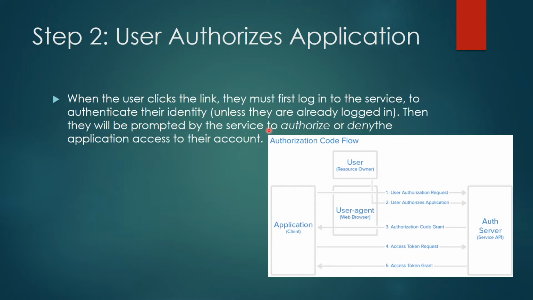So this is the second step. The first step is to just use the application and the application does a request, and the second step is that on the user's web browser appears something like a login screen, which asks the user to log in, to authenticate itself.